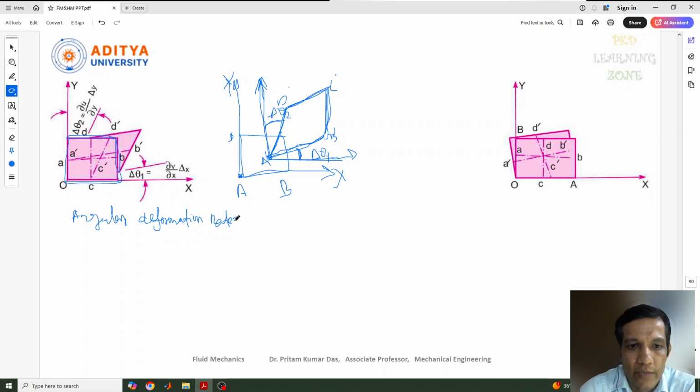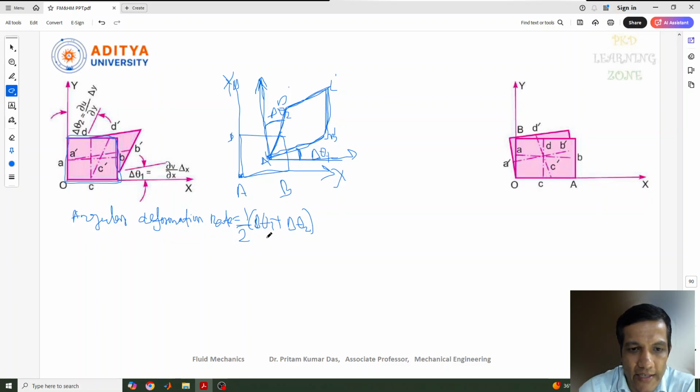As per the definition, we can write the average of this, that is half of delta theta 1, the angle in the x side, plus delta theta 2. Any angle you can give, alpha, beta, theta, phi, anything. So the average of that, as per the definition, is the average of the angles in the two adjacent sides.